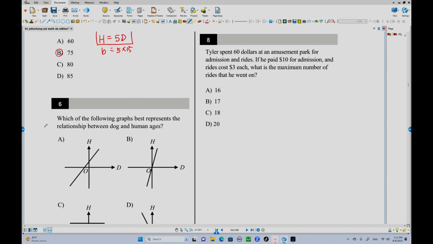The graph of h equals 5D always passes through the origin. The graph of a proportional relationship passes through the origin. This is just linear, but not direct variation, not proportion. So choice B is the answer.